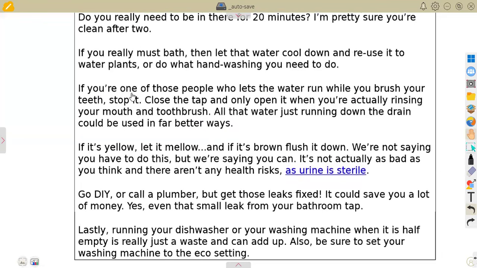And then we are to look at another stanza as it reads. It says, if you are one of those people who let the water run while you brush your teeth, stop it. Close the tap and only open it when you are actually rinsing your mouth and toothbrush. All that water running down the drain could be used in far better ways.